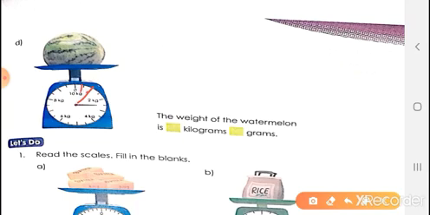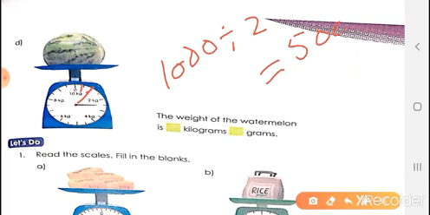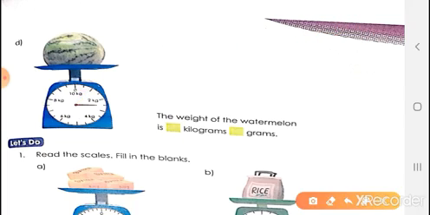So 1 kg equals 1000 grams. If you divide by 2, we would get 500 grams. It means that 1 kg equals 1000 grams, and if there are two intervals, each interval stands for 500 grams.